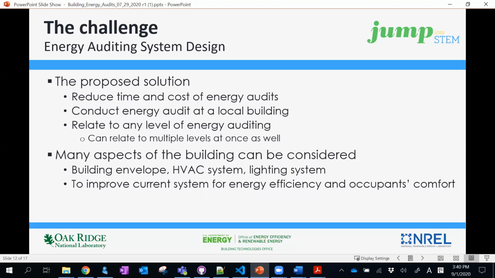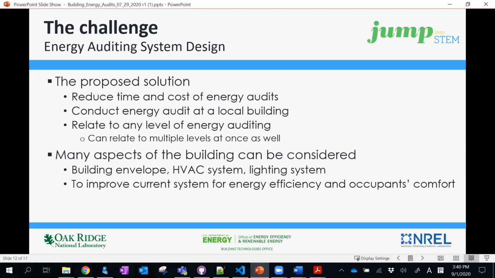In addition to proposing solutions, this challenge also asks the teams to test their proposed solution by conducting the energy audit at a local building. The solution could be related to any required task in any of the 3 levels of energy audits.